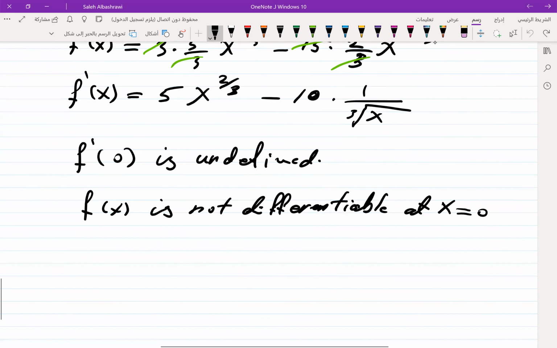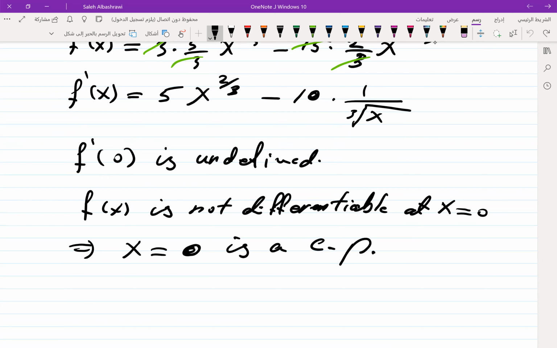Which means x equal to 0 is a critical point. It means when x equal to 0, we will have a critical point at this value. So this is the critical point, x equal to 0, because the function is not differentiable at x equal to 0.